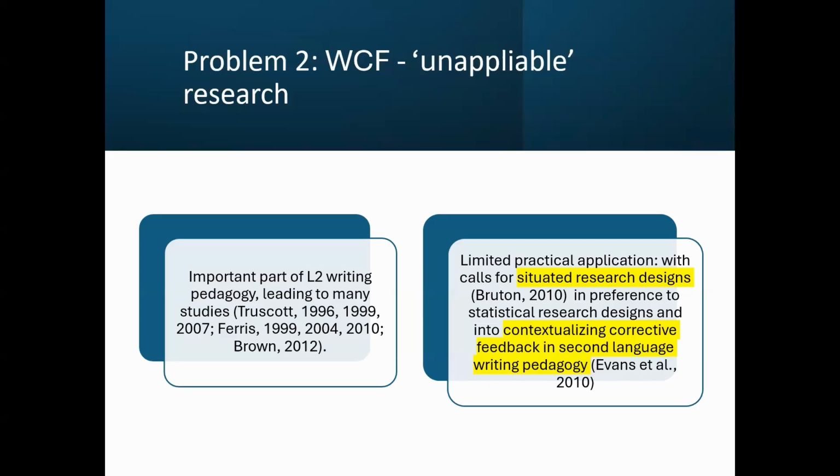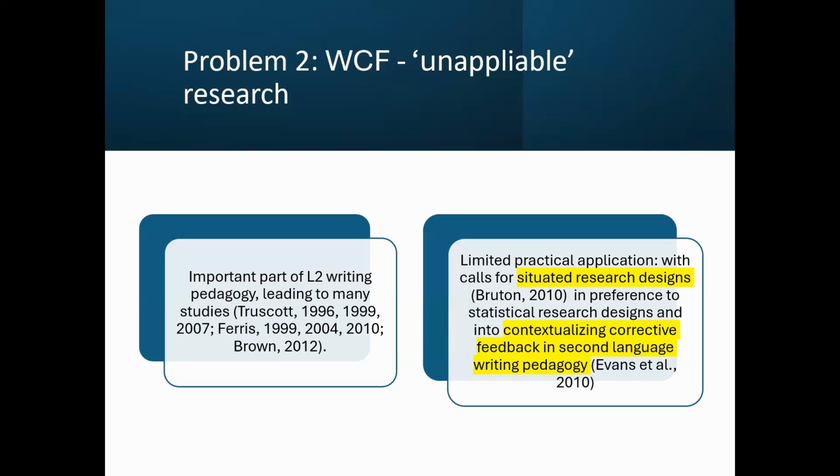So with this written corrective feedback, even in the literature, there were calls for situated research designs, recognizing the limitations of statistical research designs, and there were calls for contextualizing corrective feedback in second language writing pedagogy.